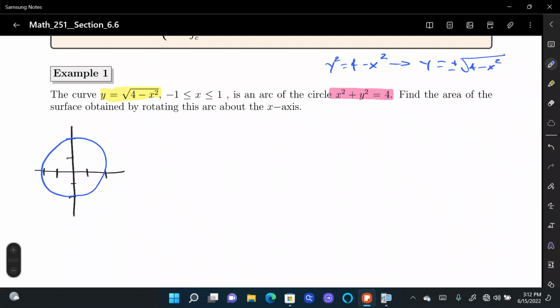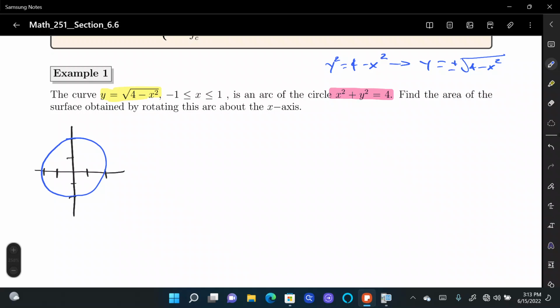The fact that we have a plus and a minus is meaningful. The plus sign, the positive function, gives us the upper semicircle, and the minus describes the lower semicircle.